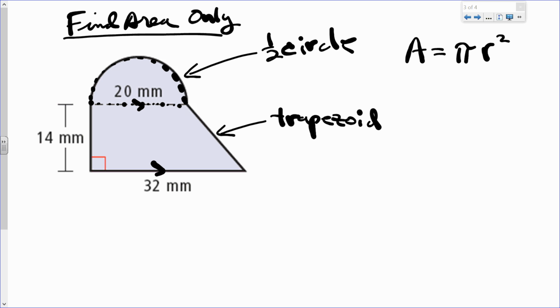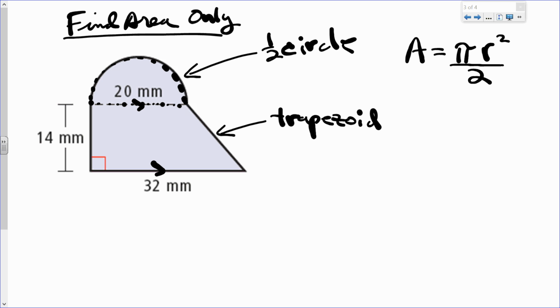We don't have a whole circle, do we? We have half a circle. So look what I'm going to do with this formula. I'm going to divide all that by, guess what? By 2. You get half of it. I'm dealing with half a circle, so look at what I'm doing in the formula. I'm taking the normal formula of a circle, but I'm chopping it in half, because all I have is half.